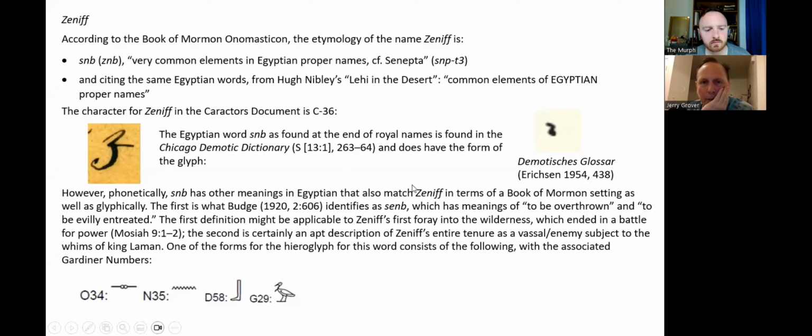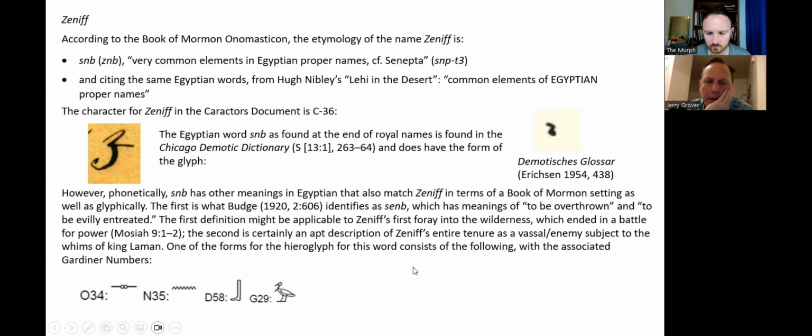So I took a little liberty there, saying there are actually a few. Another one, Seneb, which means to be overthrown, to be evilly entreated. Again, things that might match Zenith's story a little bit. So I'm saying, okay, he's got that, well, maybe I'll look at this other one, Seneb.